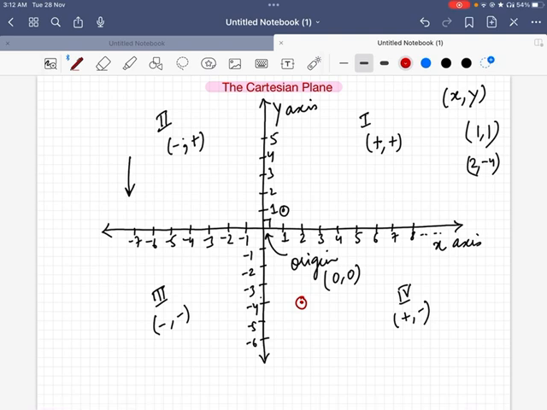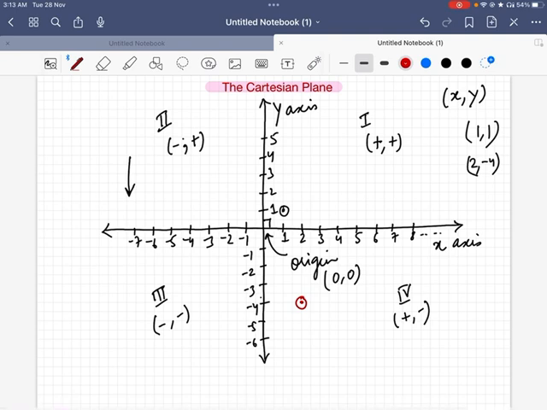So what I have taught you in this video is, first, that the x-axis and y-axis are perpendicular to each other. Second, this was explored by René Descartes, who was a French mathematician. Third, this is a Cartesian plane where we have four quadrants, because the x-axis and y-axis intersect to come up with the four quadrants: first, second, third, fourth, in the anti-clockwise direction.